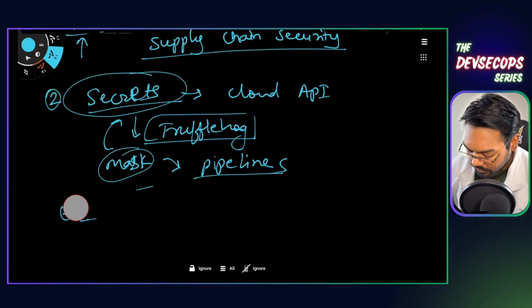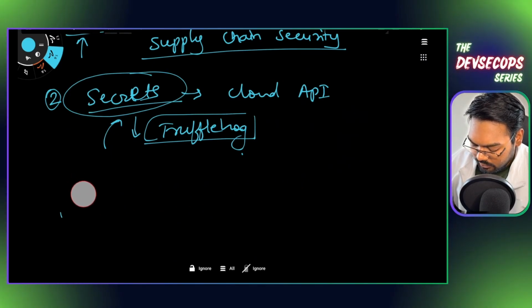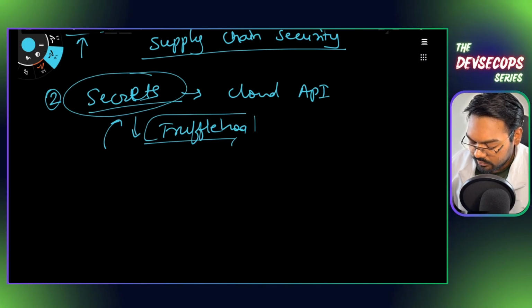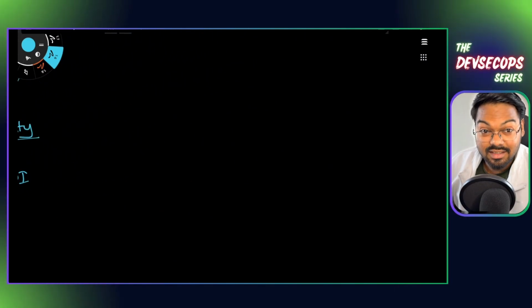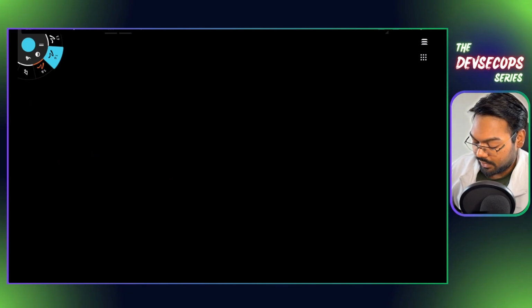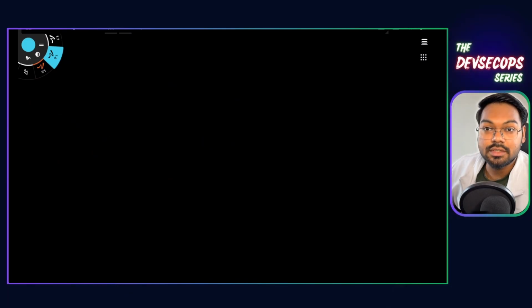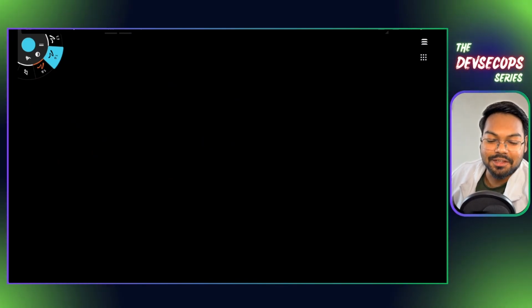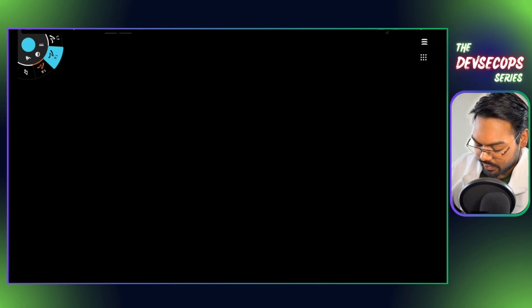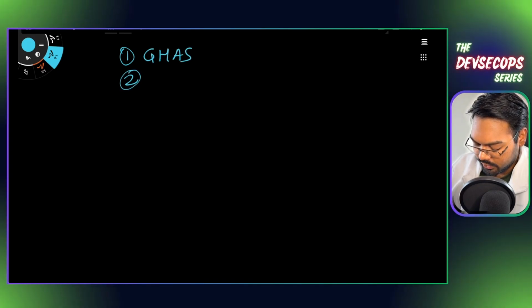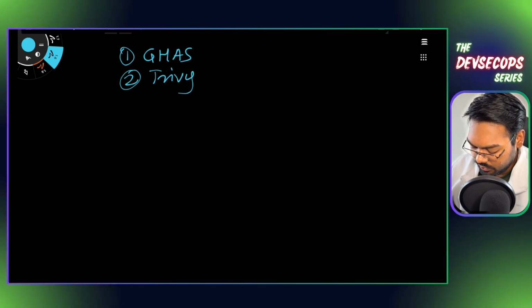So that's all, I guess, the seventh most important thing that you need to learn in 2026 for DevSecOps related methodologies and your knowledge, basically. So I will just quickly recap all of these things. First is what we learned about GitHub Advanced Security. Second is image scanning and file system scanning with Trivy.